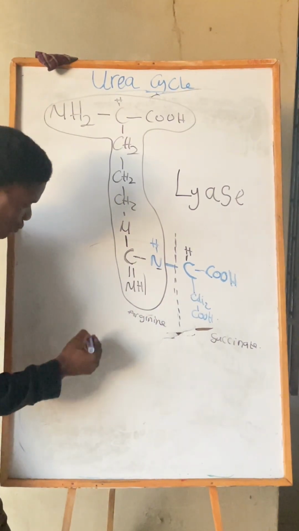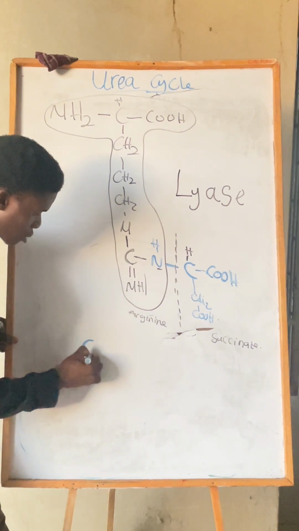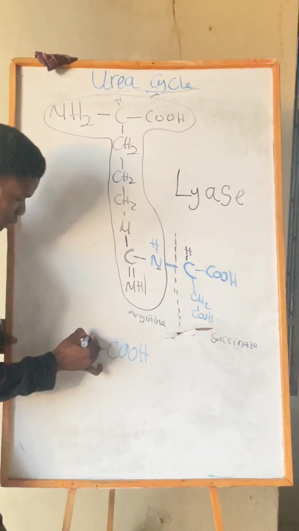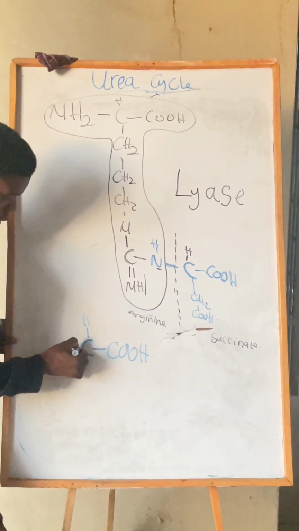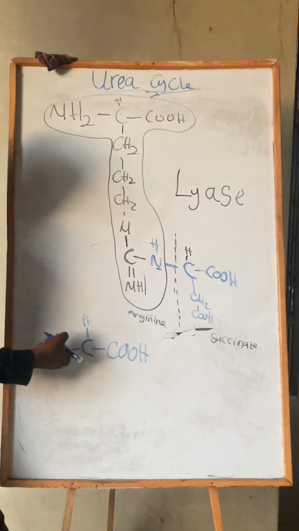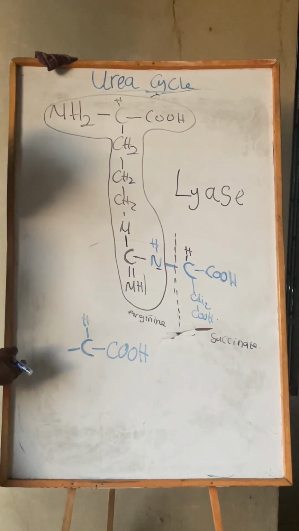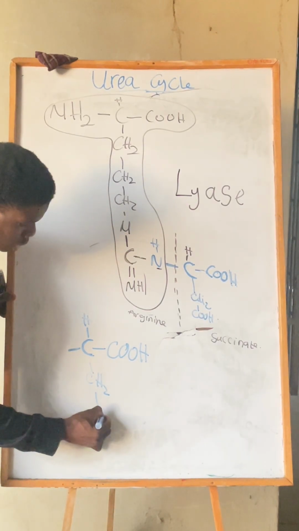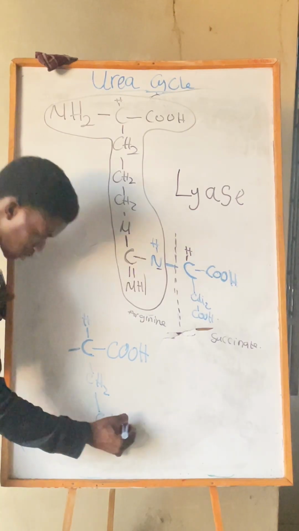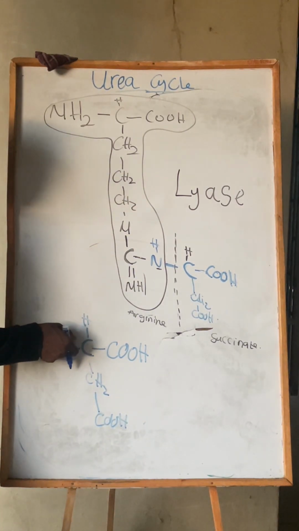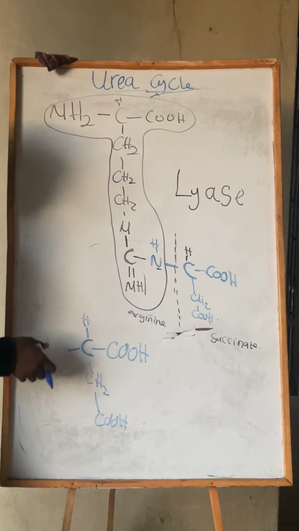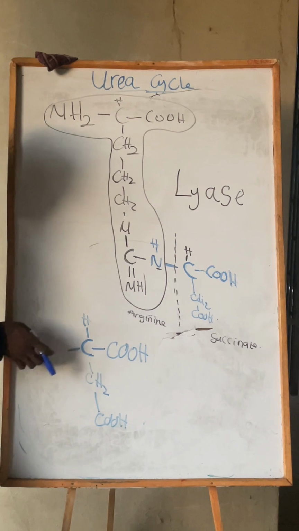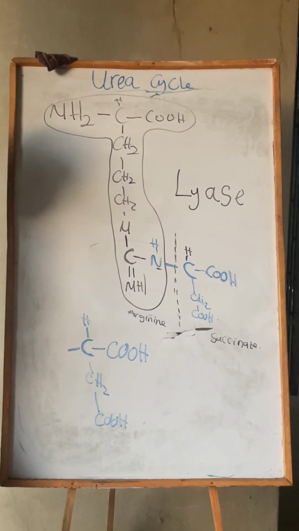So I will have COOH, hydrogen. This bond means that it is using this one to bond with this adenine. CH2, COOH. Mind you, this guy was bonding with adenine with this bond before, but now the adenine has been removed. So what do you think will happen here?